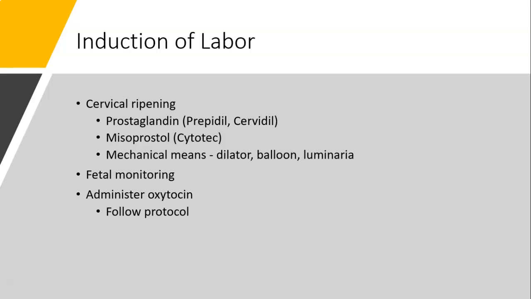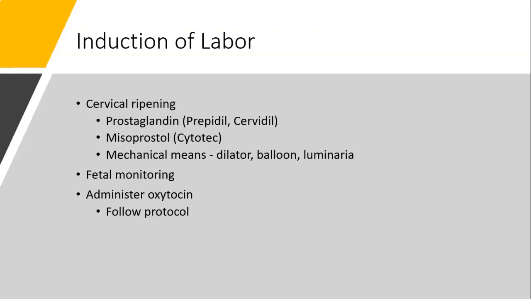If it is determined that the cervix is not favorable for induction or for oxytocin induction, then sometimes a chemical ripening agent must be used to soften the cervix. So we usually use Cytotec or Cervidil, or a catheter with a balloon on the end. These things can help the cervix to efface faster and dilate.